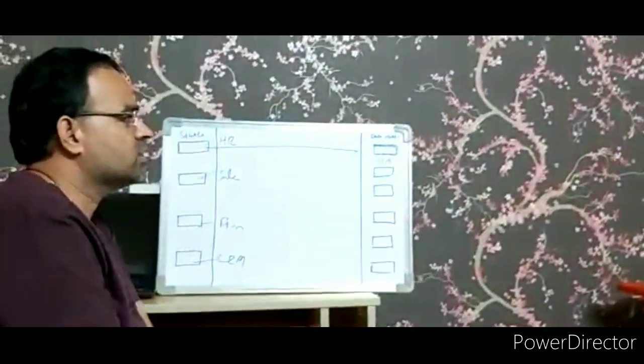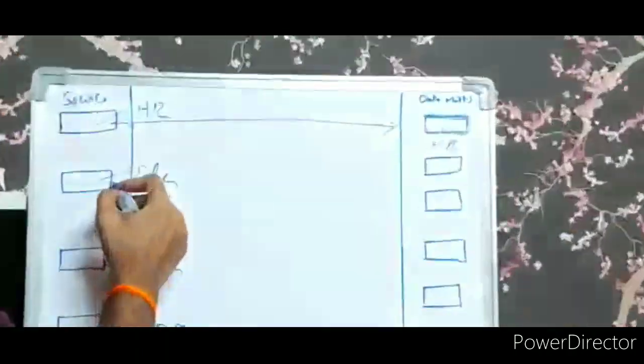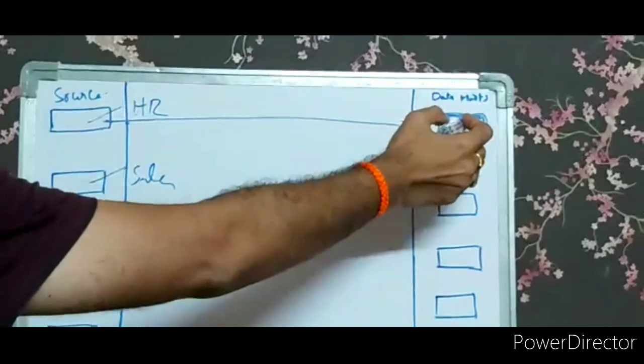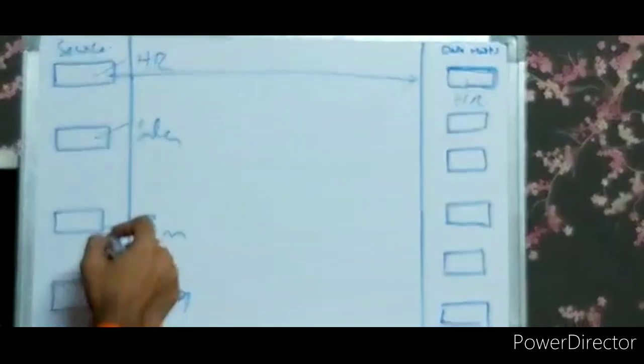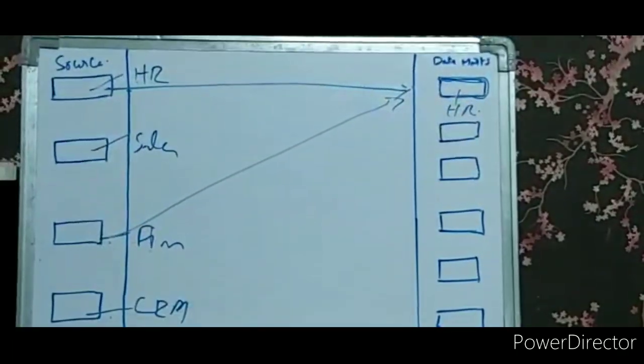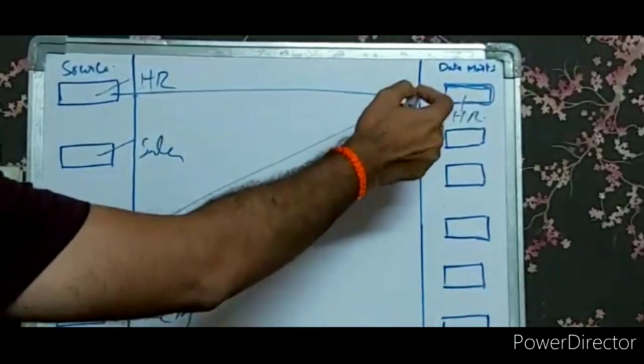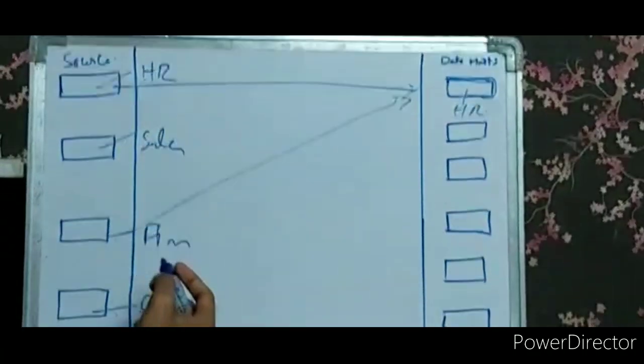So what if the HR data mart needs data from multiple sources? Suppose the HR data mart wants to track the finance data. They will have to integrate this finance data with their data mart, and if they need data from multiple data sources, they will have to pull the data from multiple sources, right?